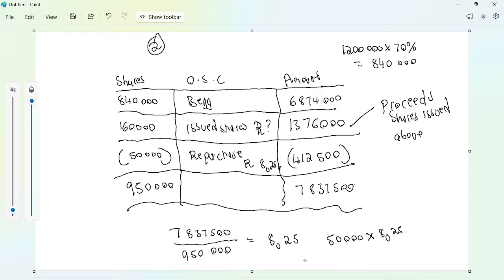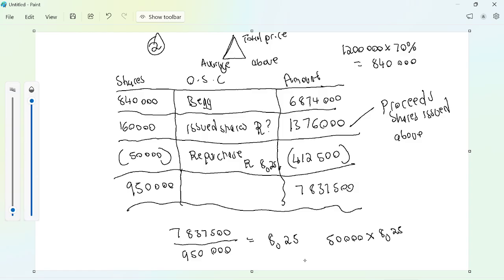Now, how do you calculate your repurchase shares under the cash flow statement? You use your triangle, right? So you say, this bottom side is my average price, this is the above price, and this is my total price.